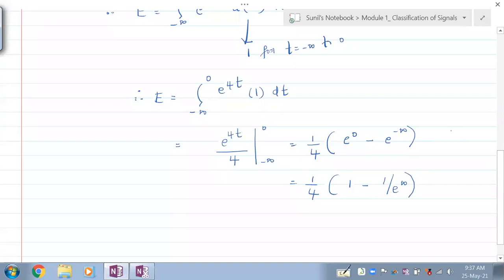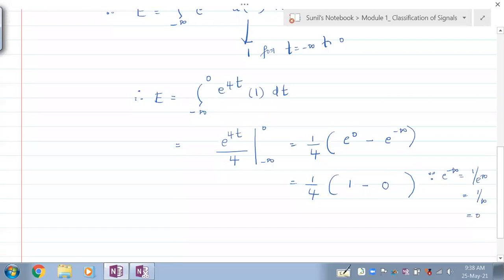Understand that? So let's just do this in this step itself. This actually happens to be 0, because e power minus infinity is 1 by e power infinity, and that is 1 by infinity, and that is 0.